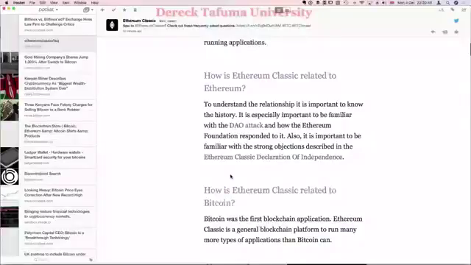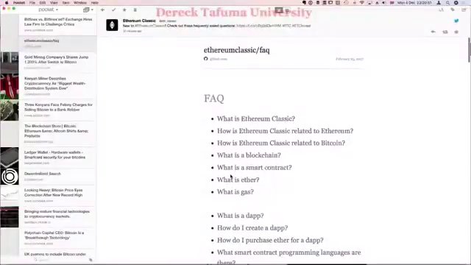I'm going to go through some of the definitions here for Ethereum Classic, which is just another platform built on the blockchain. These are the questions I will go through today. What is Ethereum Classic? How is it related to Ethereum? How is it related to Bitcoin? What is a blockchain?